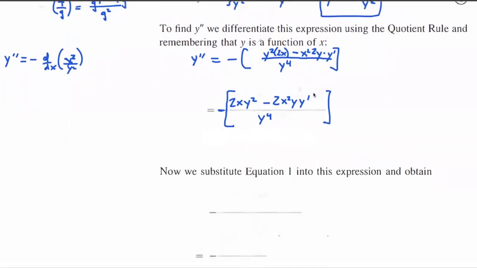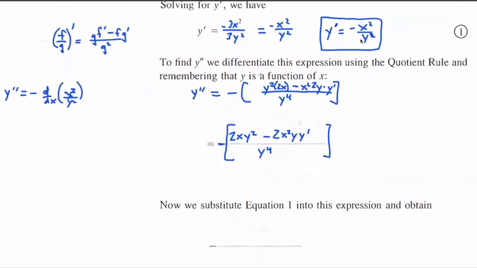Okay, remember that we had an expression for y prime. If we look up here, we notice that y prime is equal to negative x squared over y squared. So in fact, we can actually put that expression in for y prime. So right here, this piece is just going to go in for that piece there.